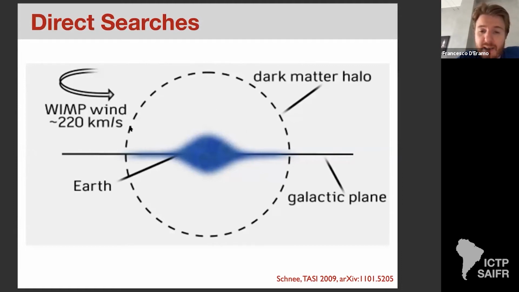Since the solar system and the Earth with the sun is spinning around the center of the galaxy, the effect is that there is a WIMP wind. There is a net velocity of wind hitting us on the Earth. So we are hit by this flux of WIMPs, exactly the way we are hit by solar neutrinos. And we can try to do something similar to what we did in order to detect the solar neutrinos.